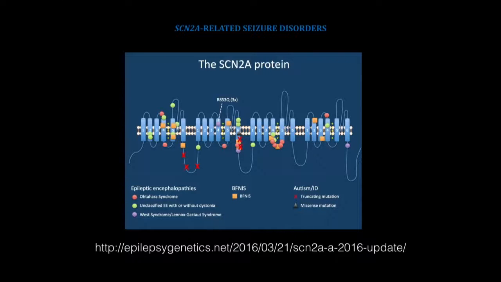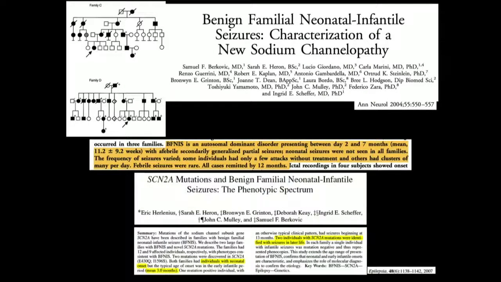Now, another related condition is SCN2A epilepsy. As you see here, the structure of the protein is the same. You have 4 domains and the number of transmembrane units delimiting the pores.